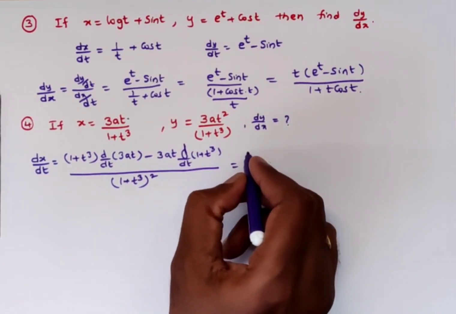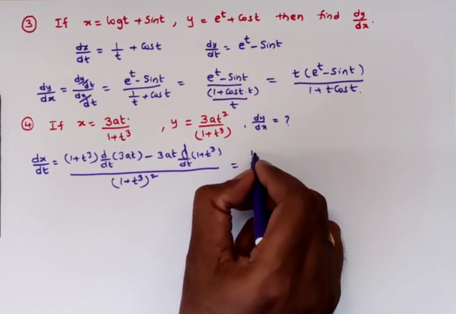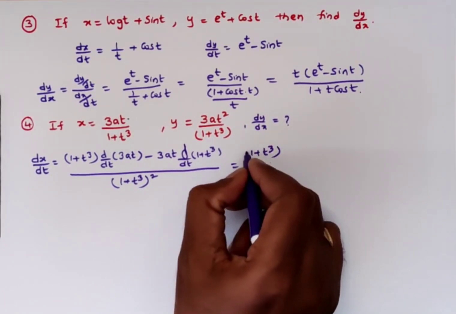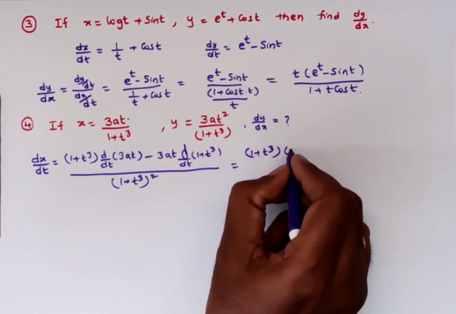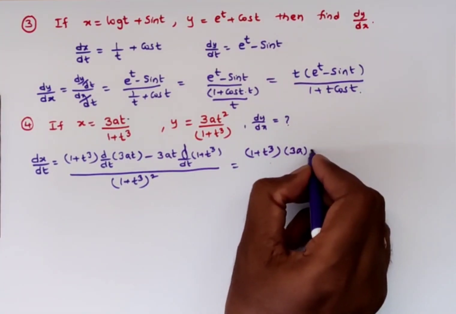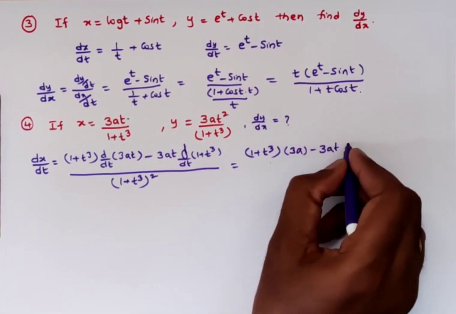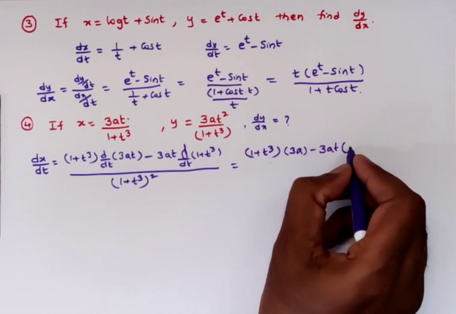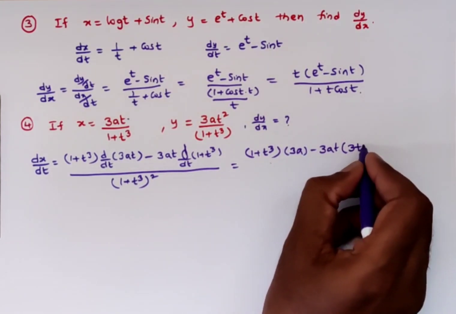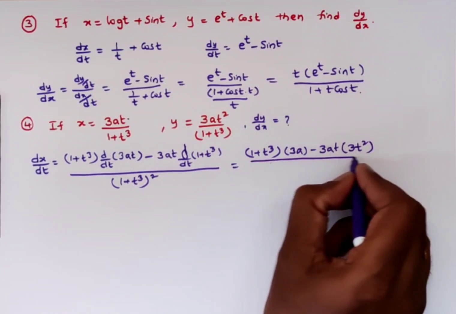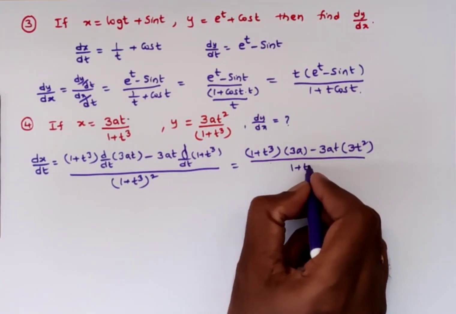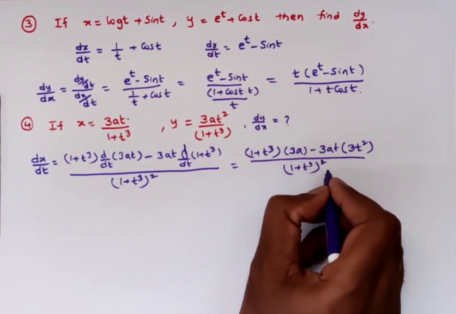Now this is 1 plus t cube into derivative of this, which is 3a, minus 3at into derivative of 1 plus t cube, this is 3t square, whole divided by 1 plus t cube whole square.